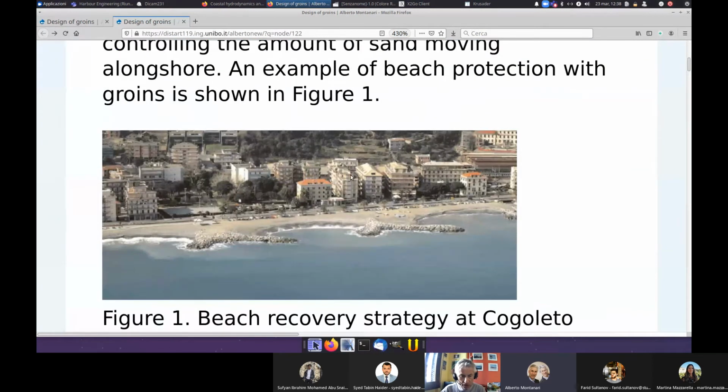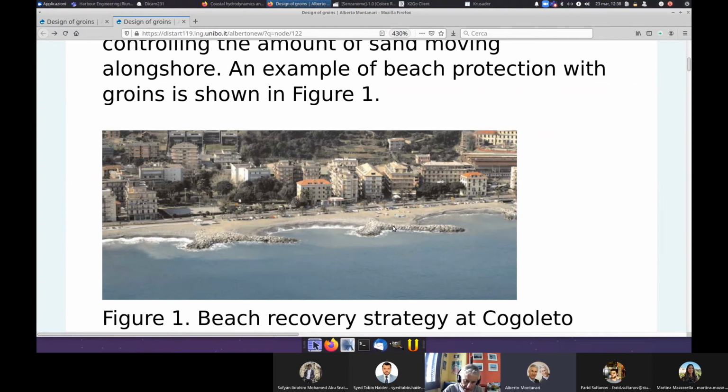Here, you see the downdrift side. If you look at these groins in the picture, the main wave direction is from the right to the left. You can interpret these groins as T-shaped groins.